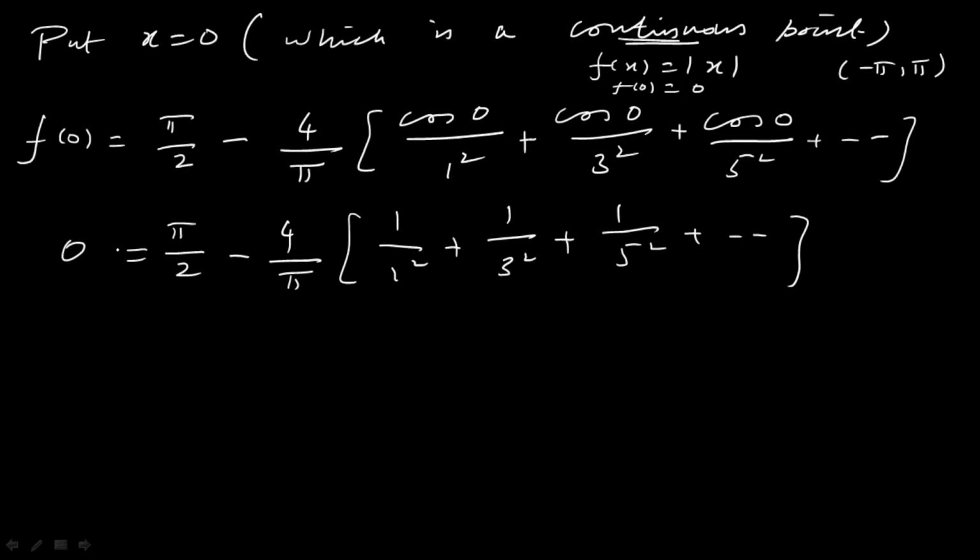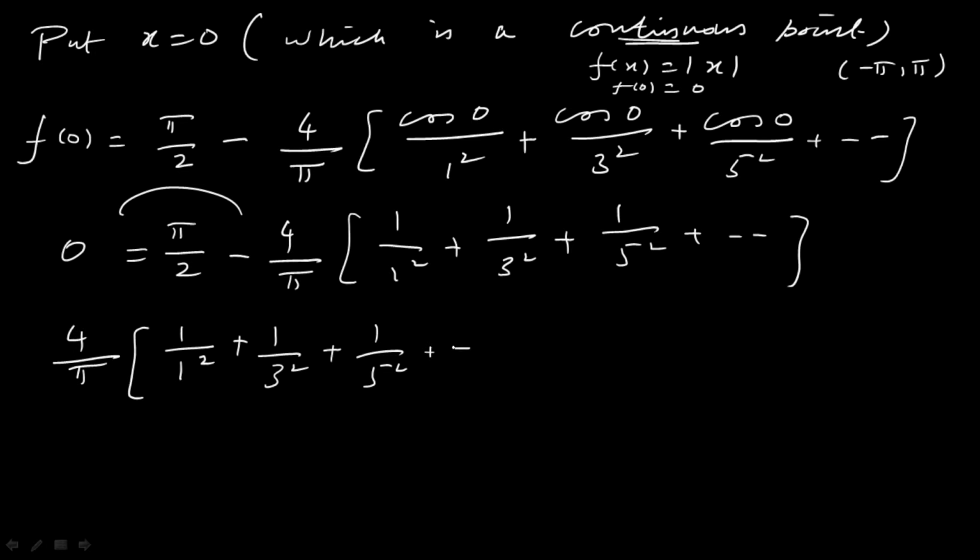So you just take this term to the other side. 4 by pi, taking this term to this side, minus becomes positive. So 1 by 1 square plus 1 by 3 square plus 1 by 5 square plus etc. is equal to pi by 2 times pi by 4, that is, pi square divided by 8.